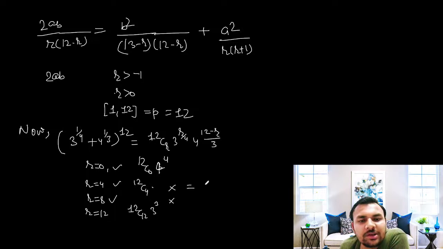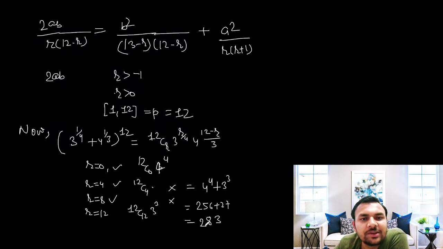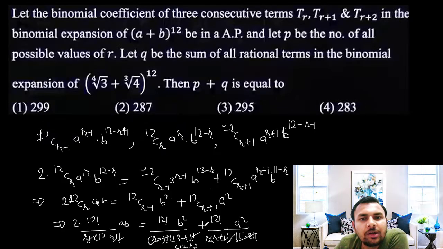So our sum is something: 4 to the power 4, 3 to the power 3. 16, 256, 256, 27, 713, 283. So 283 plus 12, 295. This is the answer.